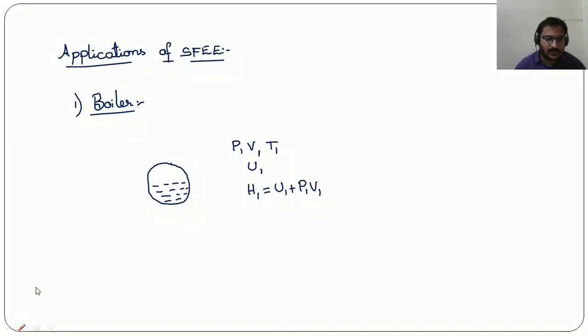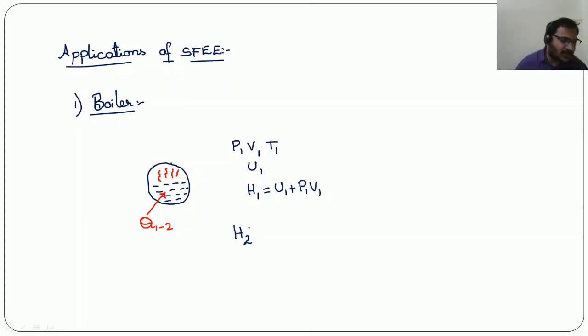Now we are supplying to this boiler certain amount of heat such that this water gets converted to steam. Now when this water is getting converted to steam, this steam possesses certain enthalpy, that is H2.